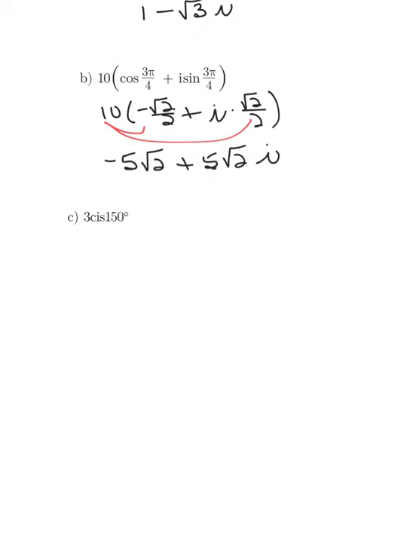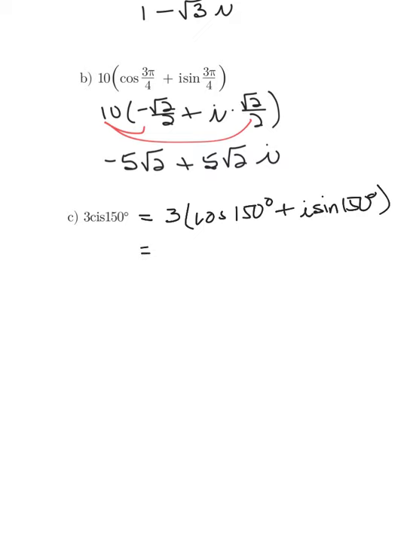So what you need to recognize about this is that this is equal to having the 3 out front, and then inside your parentheses you have the cosine of 150 degrees plus i times the sine of 150 degrees. Now the problem is exactly like the others.